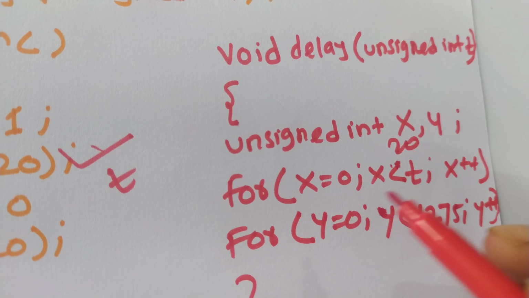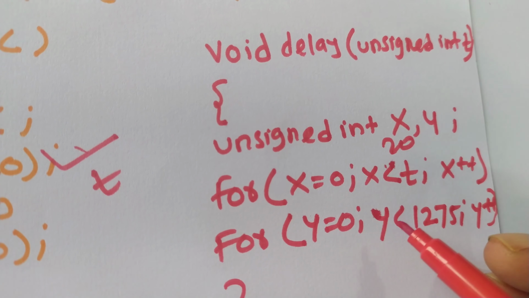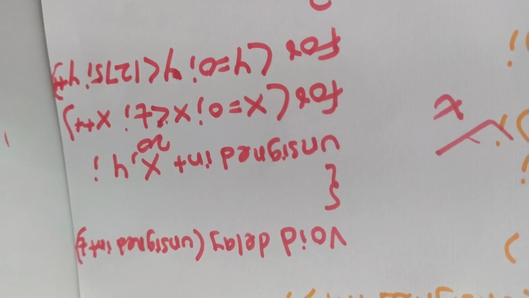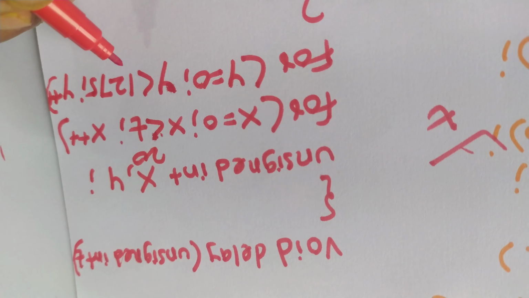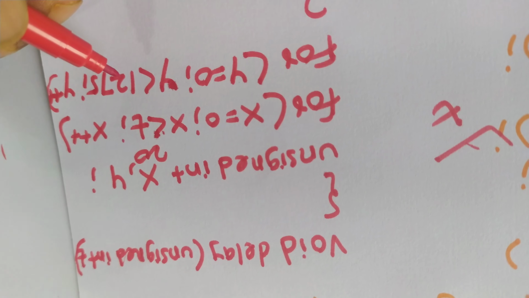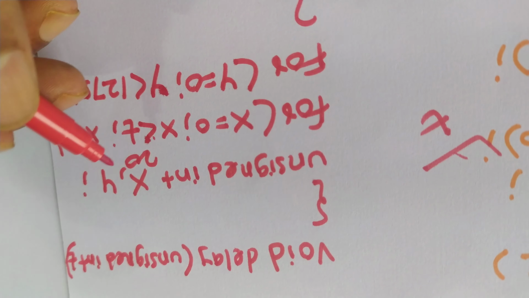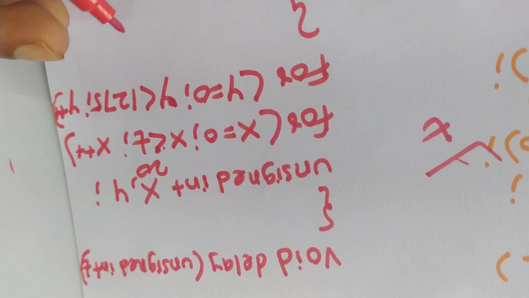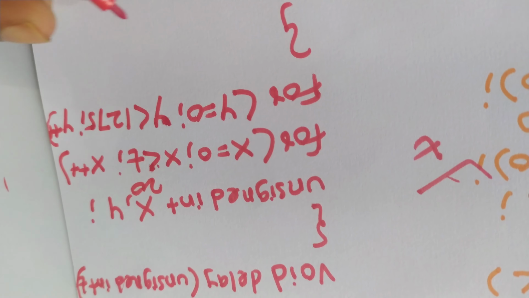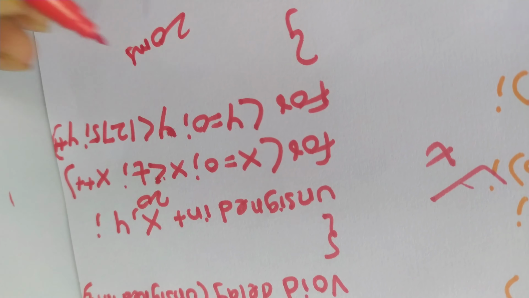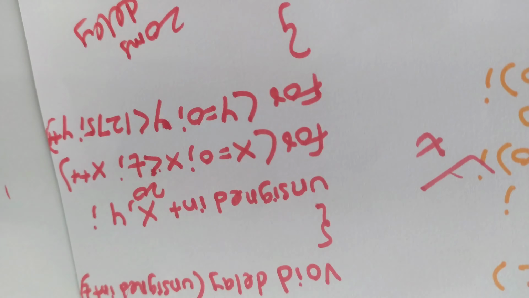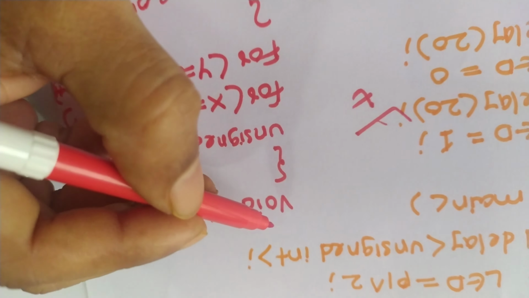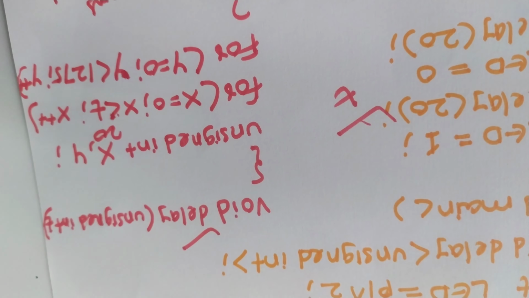In the second for loop we use the variable y equal to 0, y less than 1275, y plus plus, so it increments up to 1275. Overall, these for loops are multiplied with each other, and we get the 20 milliseconds delay. In this way this program is over, and this while delay subroutine program is the same for all the programs.